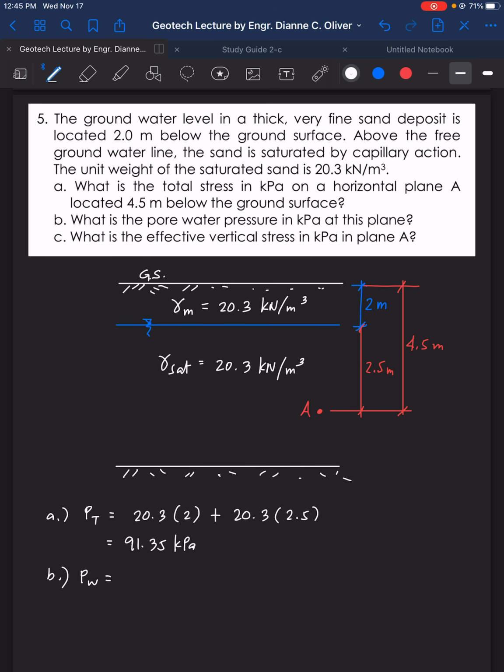B, what is the pore water pressure in kilopascal at this plane? PW is equal to, of course we are using 9.81 for the water. The height is from the water table or water level, so that is 2.5 meters. So PW is now equal to 24.525 kilopascal.